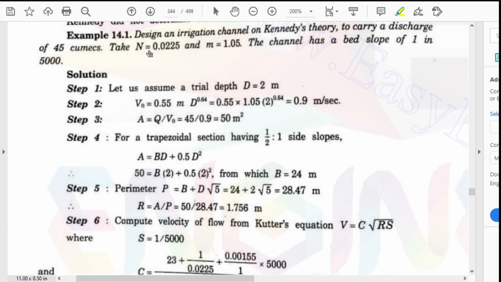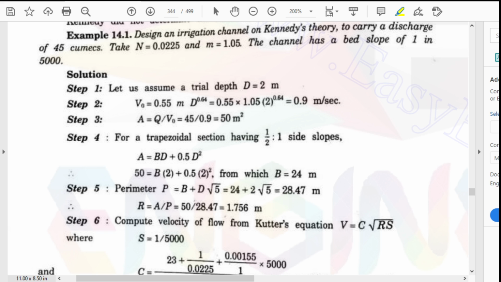Take n equals 0.0225 and m equals 1.05. The channel has a bed slope of 1 in 5000. Now here you can see that in this problem, right now I have explained two methods for designing.